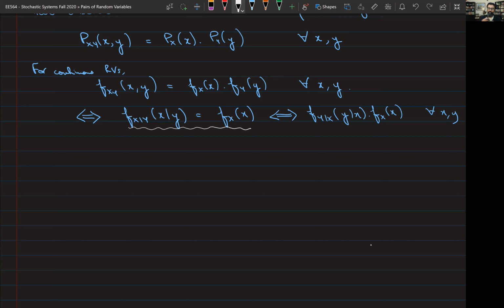So the conditioning does not change the distribution, and that intuitively means they're independent. But nevertheless, more commonly used perhaps is this definition: when the joint PDF is equal to the product of the marginal PDFs, the random variables are said to be statistically independent. Okay?